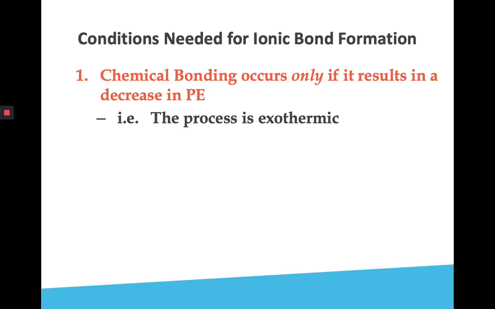And chemical bonding only happens to have a lesser energy in order for the compound, or the atoms in that compound, to become stable. Okay, so if there is too much energy between them, they become very reactive and bonding may not happen at all. All right, so when chemical bonding happens, there is generally a decrease in potential energy.